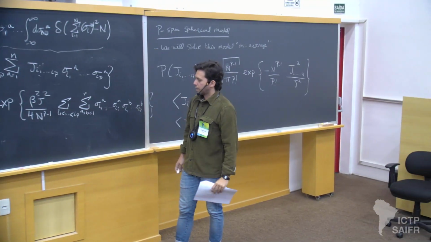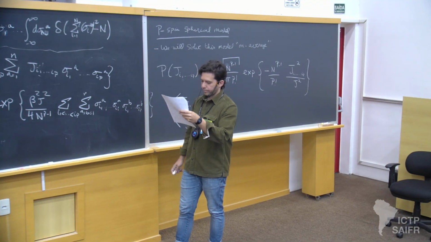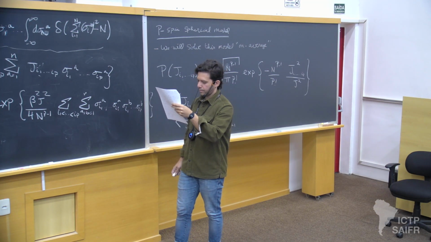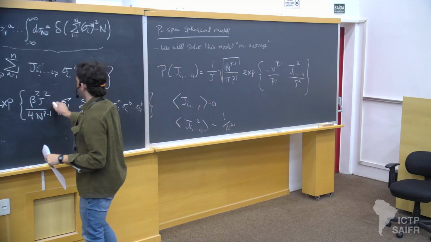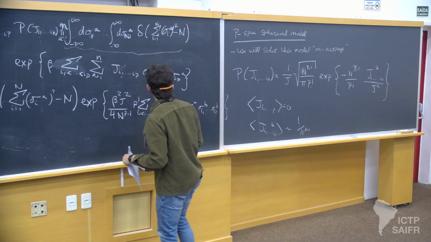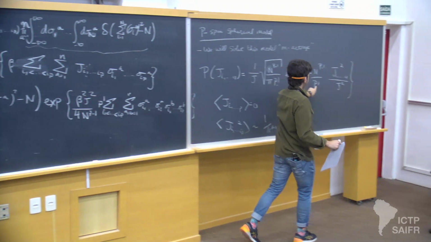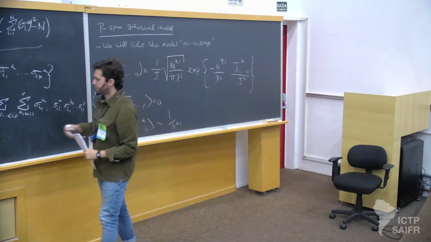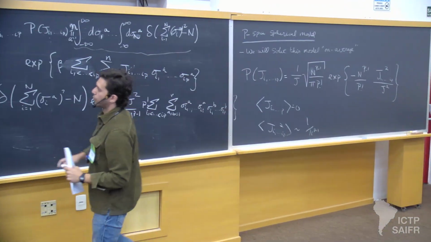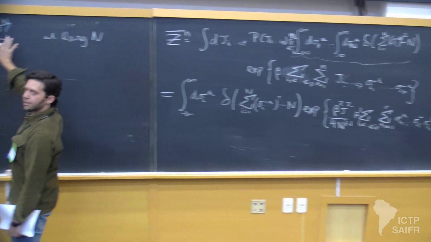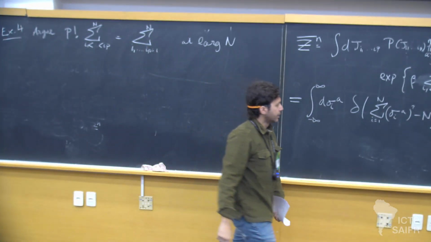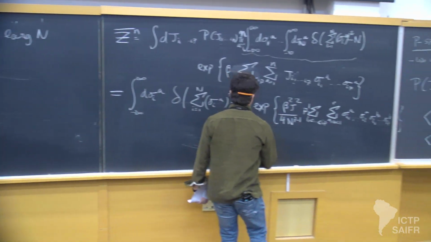Okay, so, and sorry, there should be a p factorial here, that comes from this p factorial. So using this homework exercise that I'm giving you, I can rewrite this.